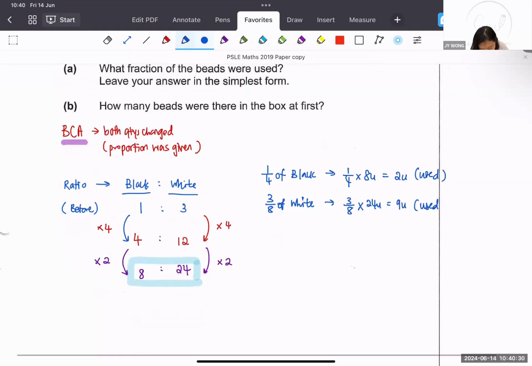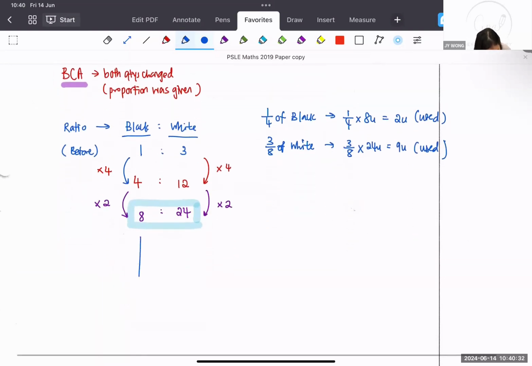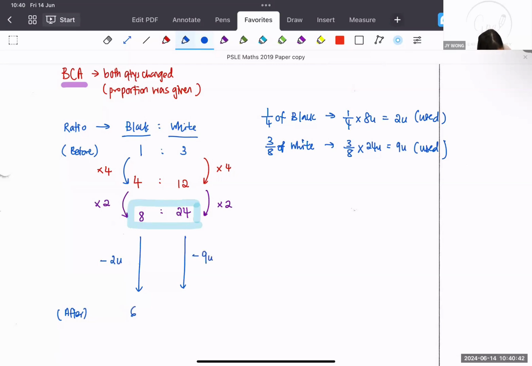So I can make use of this to continue and find my after ratio. What's my after ratio? Black minus 2U, white minus 9U, which will give you 6 to 15. So this is the after ratio.